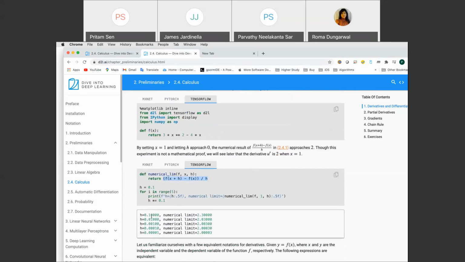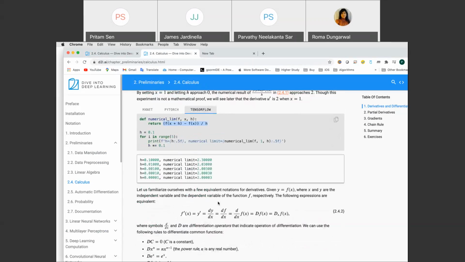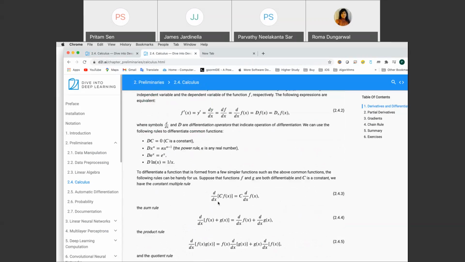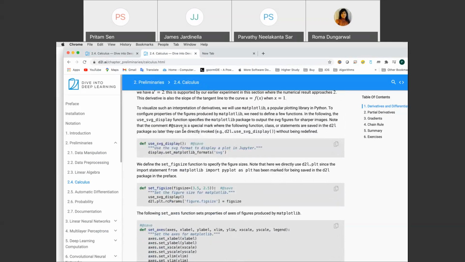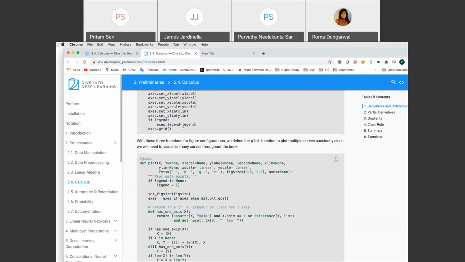As it changes h, if we make h smaller, then the value gets more accurate. These are the notations and the rules and the functions. Here they also show a plot.